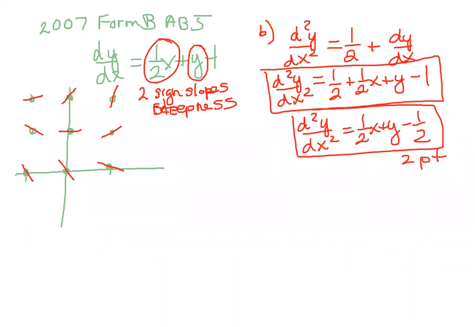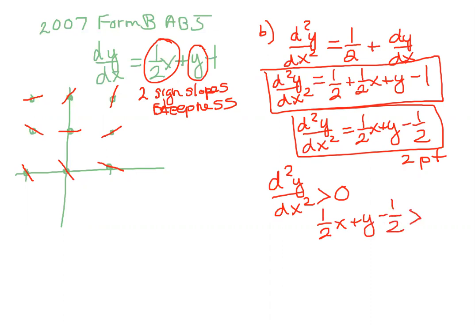Then it says, describe the region in which all the solution curves to the differential equation are concave up. You know things are concave up when the second derivative is greater than 0. So we're going to take our second derivative and set it greater than 0 and solve for y. So we get y is greater than negative 1/2 x plus a half.